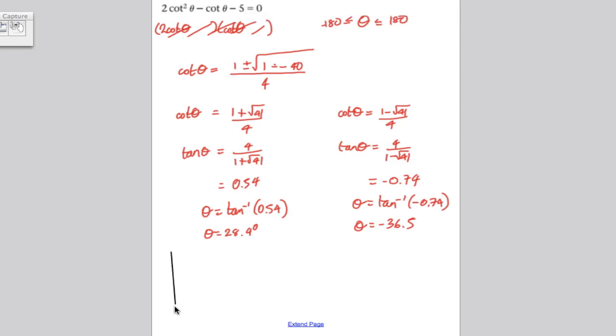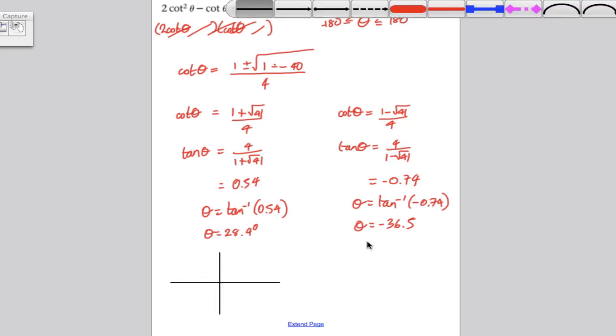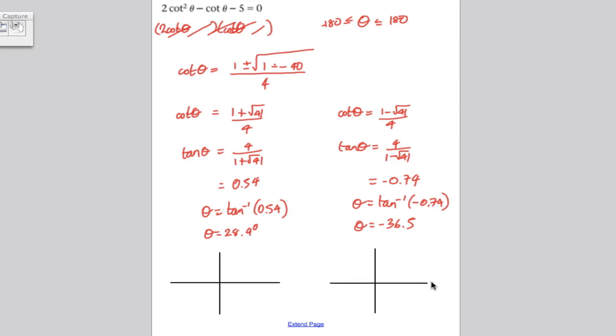We've got to draw ourselves a tan graph, and another tan graph here for these two. Tan goes something like that. That's 90. And tan then comes up here to 180, and tan here goes down there to minus 90, and it comes along here to minus 180.